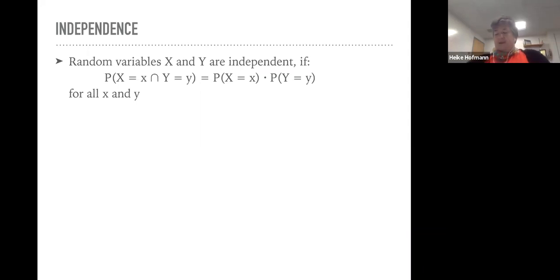We define two random variables to be independent if every single one of their elementary events are independent. So a random variable is independent of another if all of its sub-events are independent of that other variable. So the probability of the joint event of X and Y is equal to the product of the individual probabilities for all possible scenarios of X and Y.